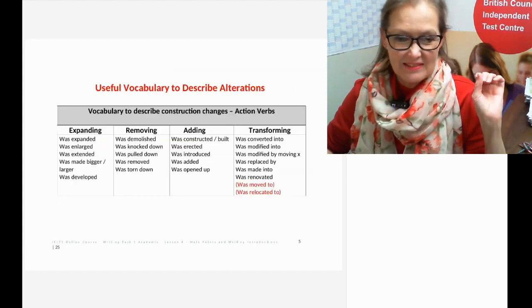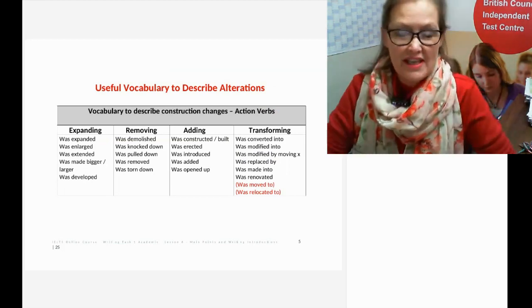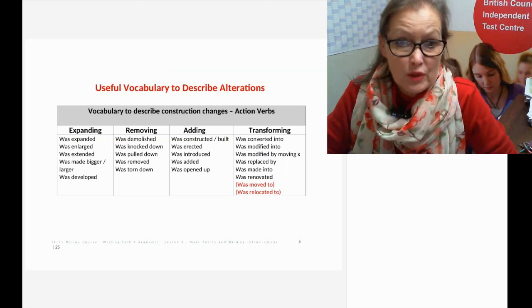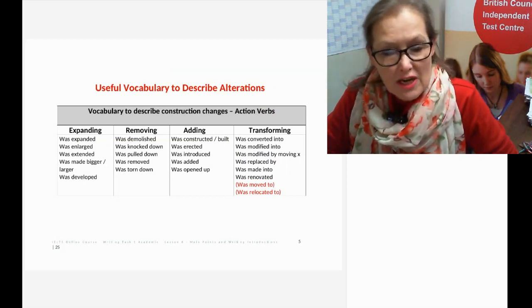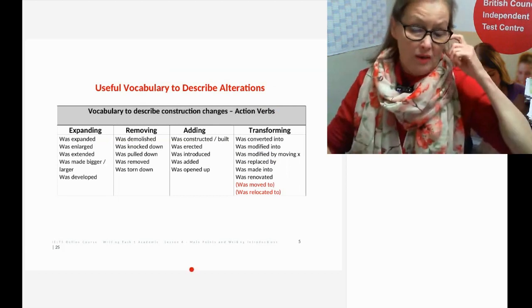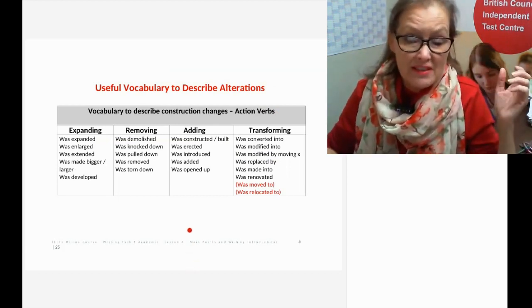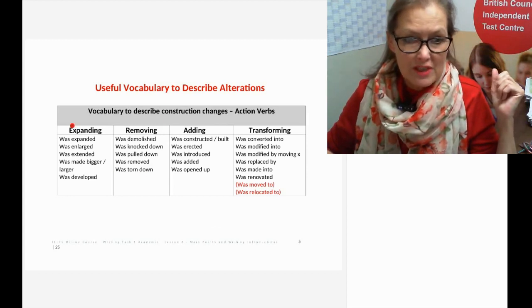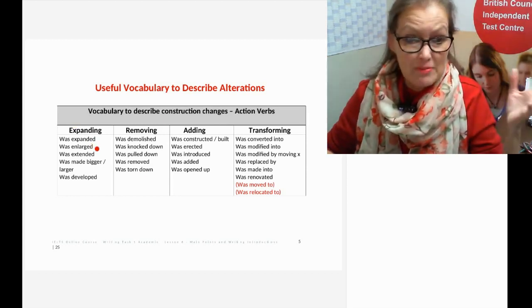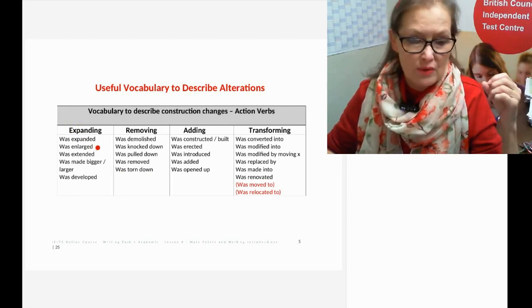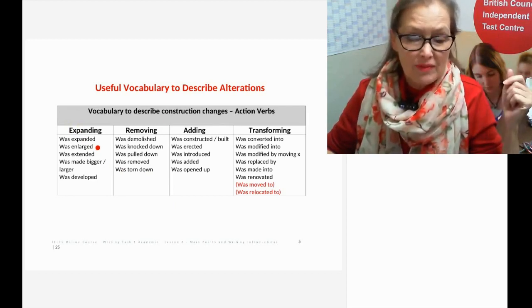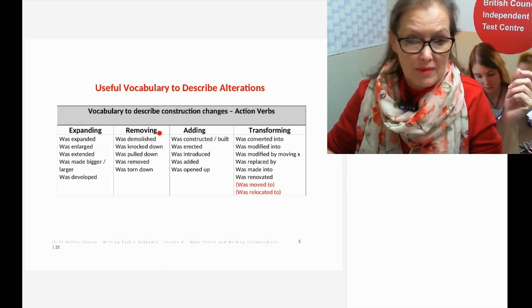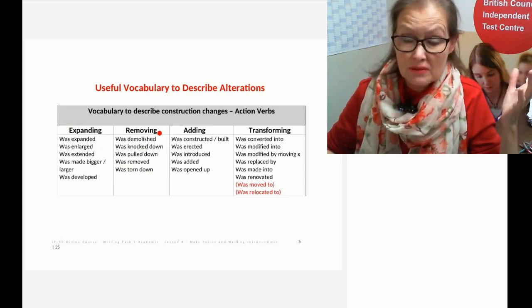So before we move on to the essay, once again, we'll just look at some useful vocabulary to describe alterations, and these can apply to our maps outside buildings, and of course they can also apply to the interior of a building. And once again, we have vocabulary to talk about the building getting bigger, expanding, an extension or expansion, and then removing parts of a building, interior, or an interior wall, for example.